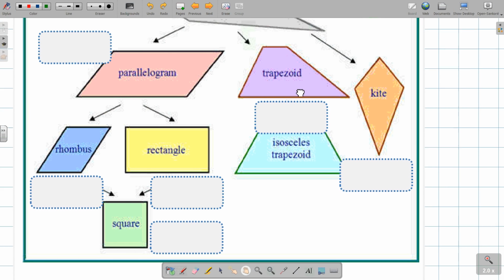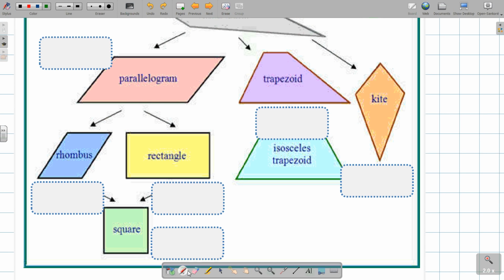Here's your quad family tree. Let's trace everything and write out our equations. Remember, equations have two sides with an equal sign. So every single one of these, you start with area equals.